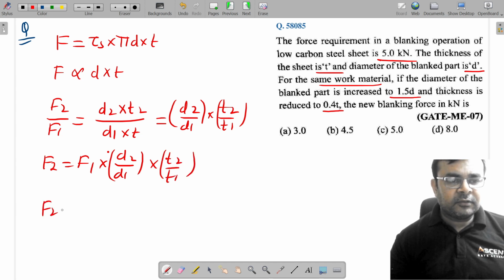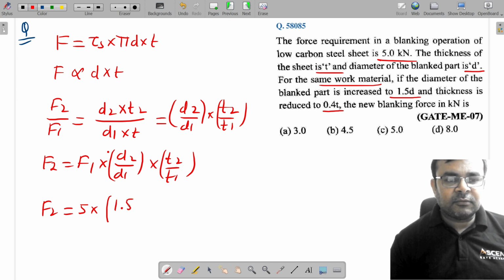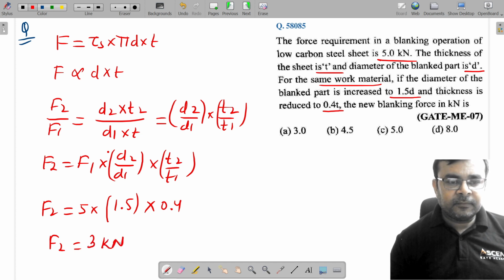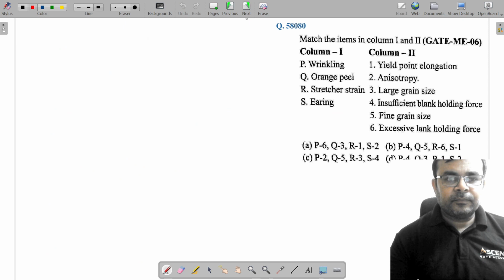Now if you put the values here, F1 is 5 kilonewton, D2 by D1 is 1.5, and T2 by T1 is 0.4. If you multiply, you will get 3 kilonewton. So the correct answer is option A.